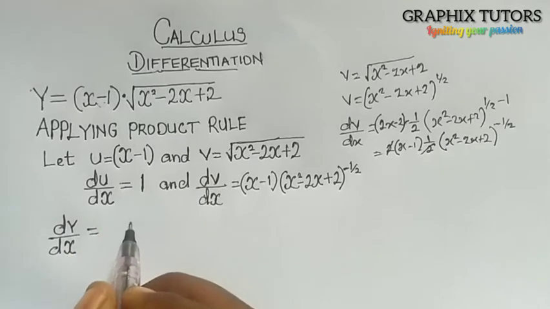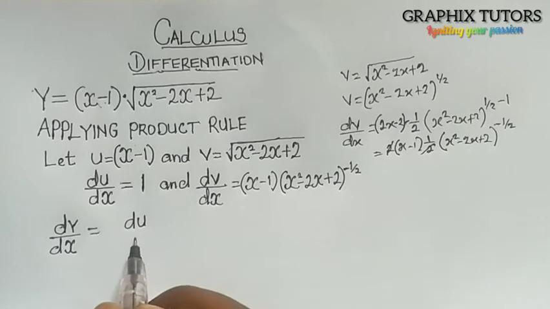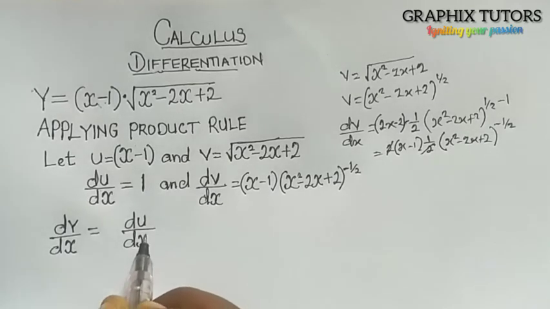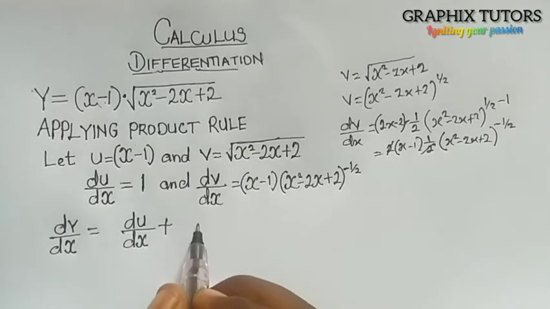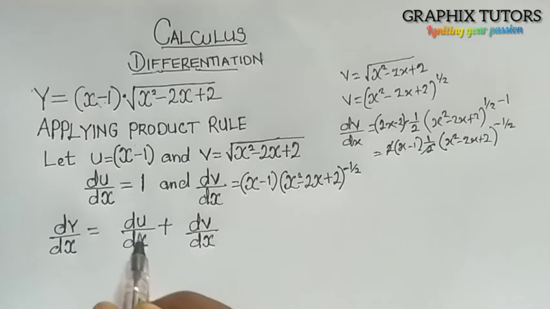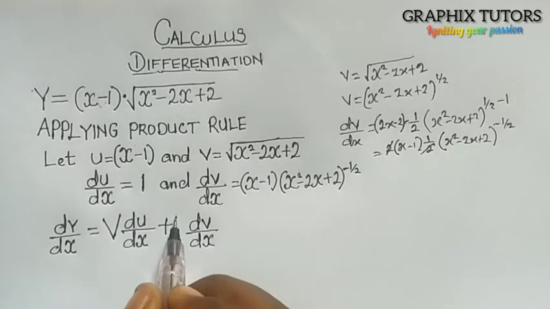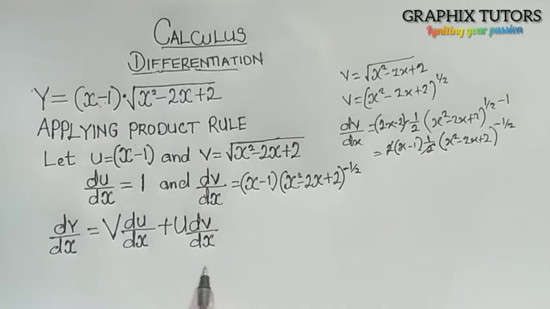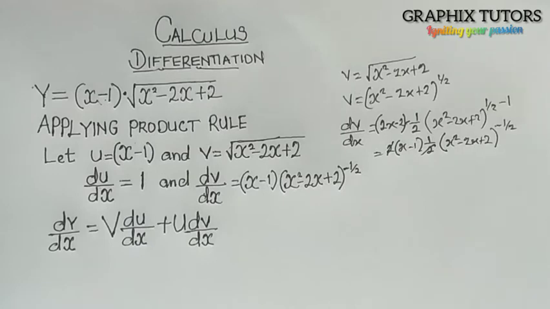So this gives du over dx, plus, because we're talking about the product rule, dv over dx. Because this is u, you put your v here, and because this is v, you put your u here. So this is the formula for differentiation. Is that okay?